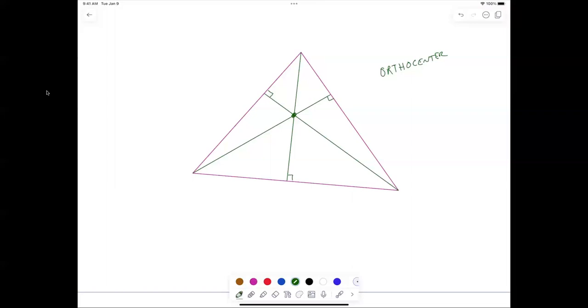And that is called Euler's line. He is the famous mathematician who figured all of that out.